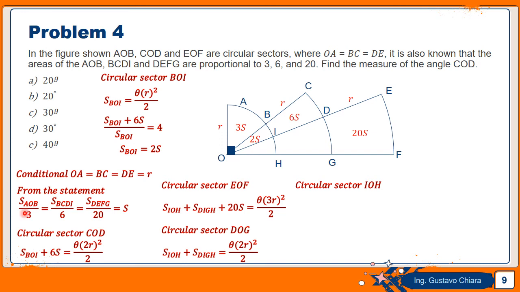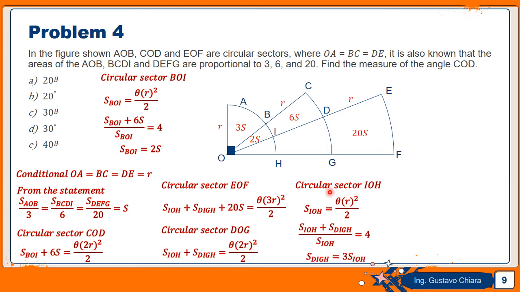So in the circular sector EOH, we get that this area is equal to theta multiplied by R squared divided by 2. And so now, using this expression and this, we get that the area of the circular EOH plus DEHG divided by the area EOH is equal to 4.